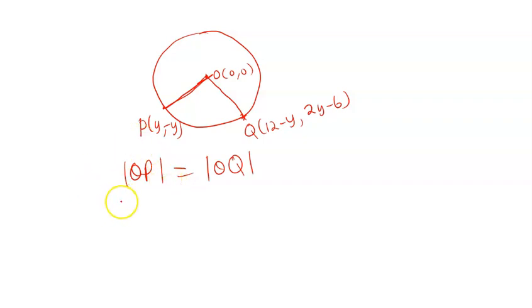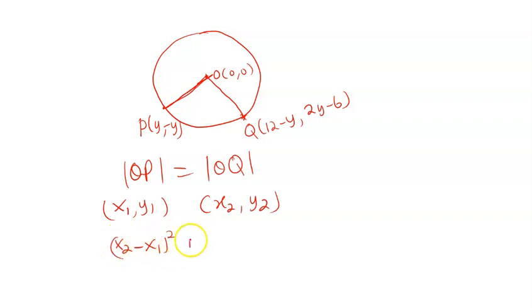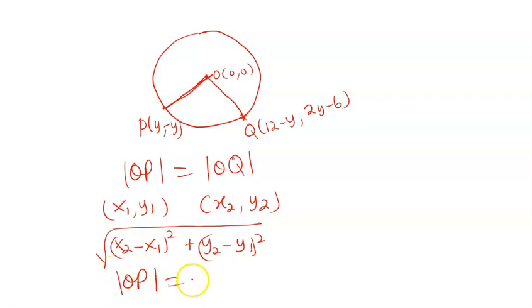If you have two points, (x1, y1) and (x2, y2), how do you find the distance between these two points? It is the square root of (x2 minus x1) all squared plus (y2 minus y1) all squared. Good. So we have OP being equal to OQ.